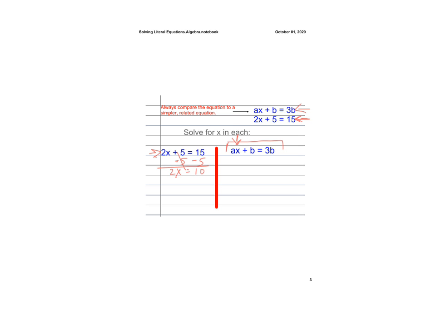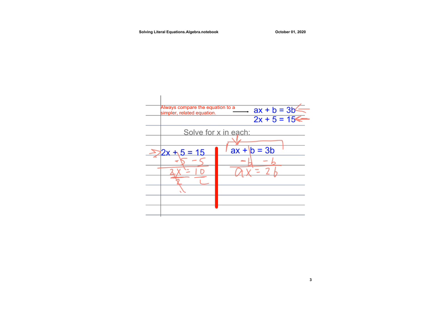Over here, I'm going to do the same thing. The 5 is represented by the b, so I'm going to subtract b. So I get rid of the b and I get ax equals, now 3b minus 1b, I can combine to 2b. Sometimes I won't be able to combine, but in this case I am. Over here, now I'm down to a one-step equation.